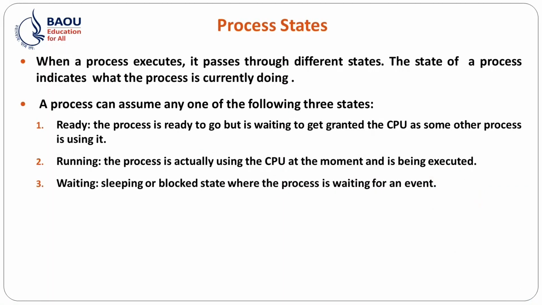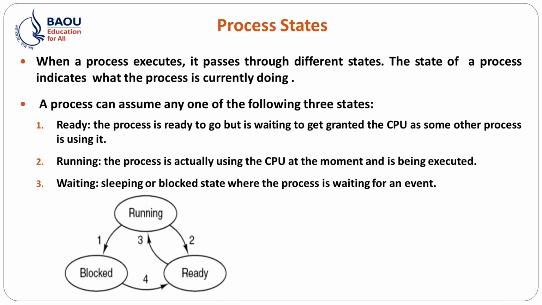Waiting indicates that the process is in a sleep or block state, where the process is waiting for an event to occur. For example, in this diagram, the first arrow indicates that currently the process is in the block state.